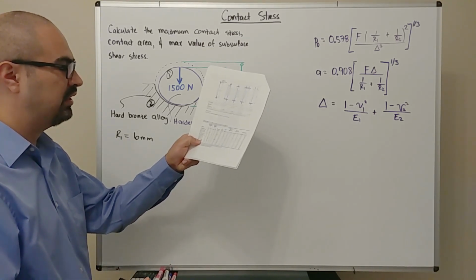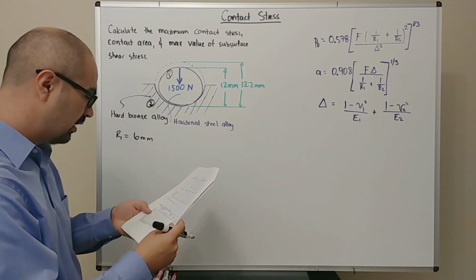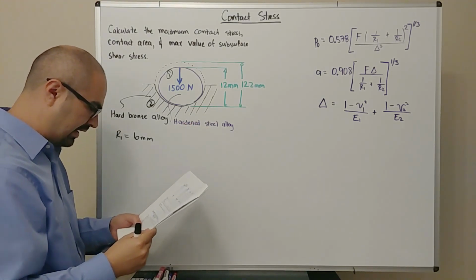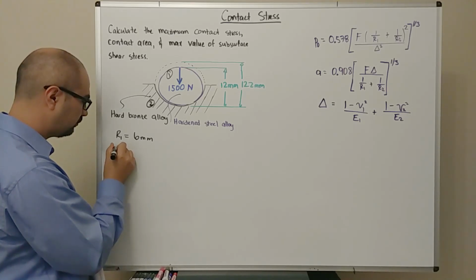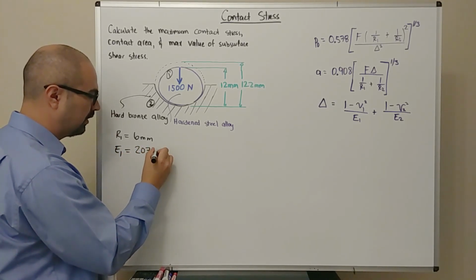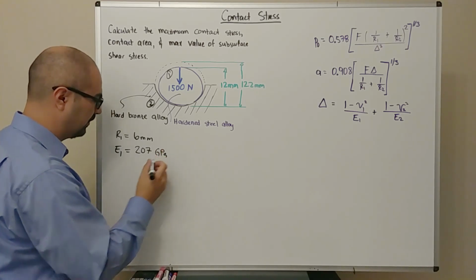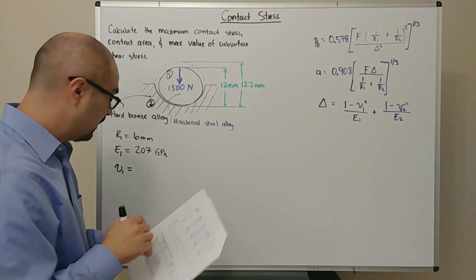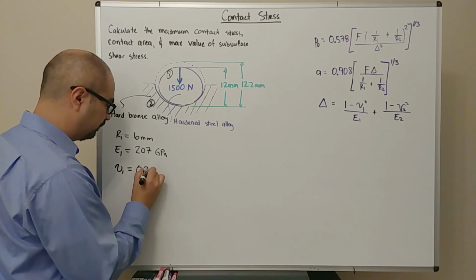If we look at our machine elements handy booklet, we'd see that the hardened steel alloy is going to have an elastic modulus, we call it E1, of 207 gigapascals. And the Poisson's ratio is going to be 0.3.